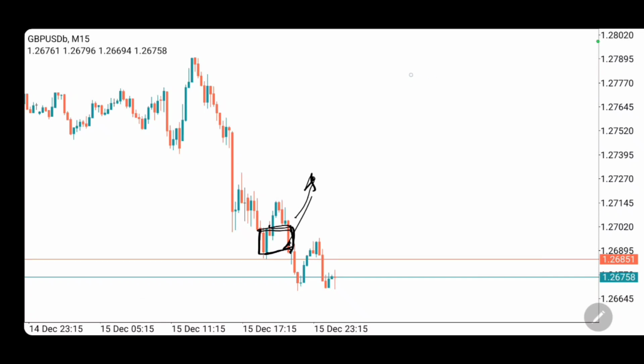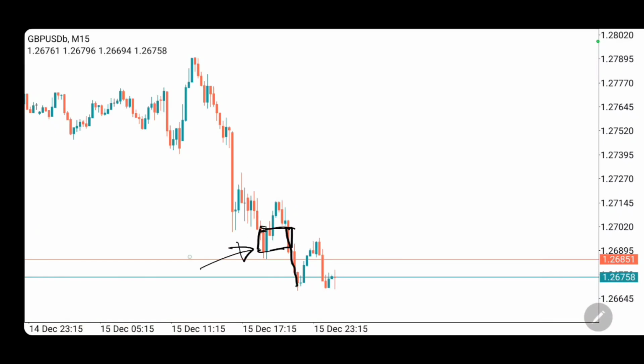But what happens here is that the market broke the demand zone and later formed a breaker block. All right, and when it formed a breaker block, it sold from it. I don't know if that is clear. This is a zone that the market ought to have bought from, but the zone was broken to the downside.